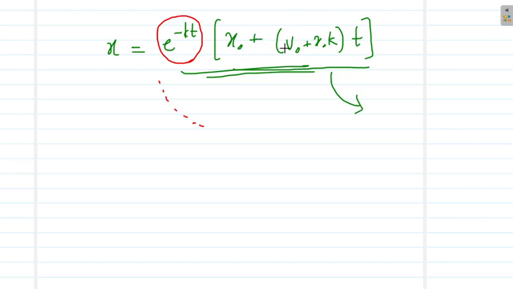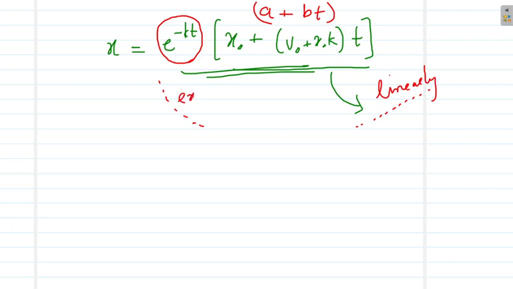This function is an expression of the form a plus a constant b into t. So this is an expression for the straight line. This is a linearly increasing function. So here two functions are involved. One is an exponentially decreasing function and another is a linearly increasing function.